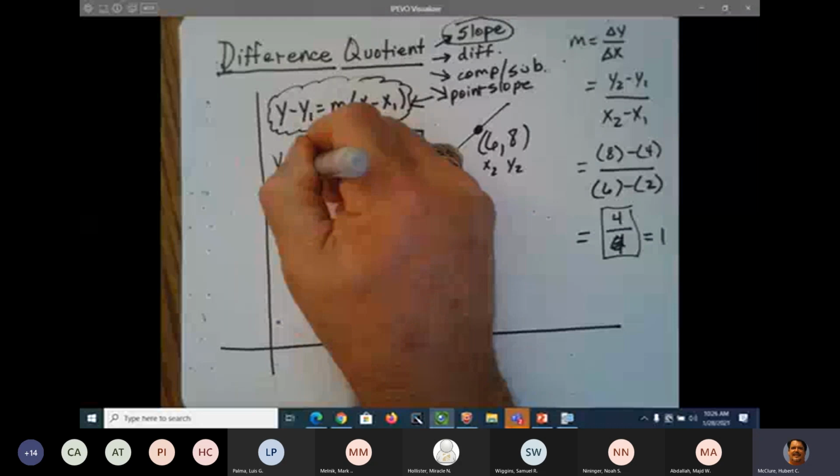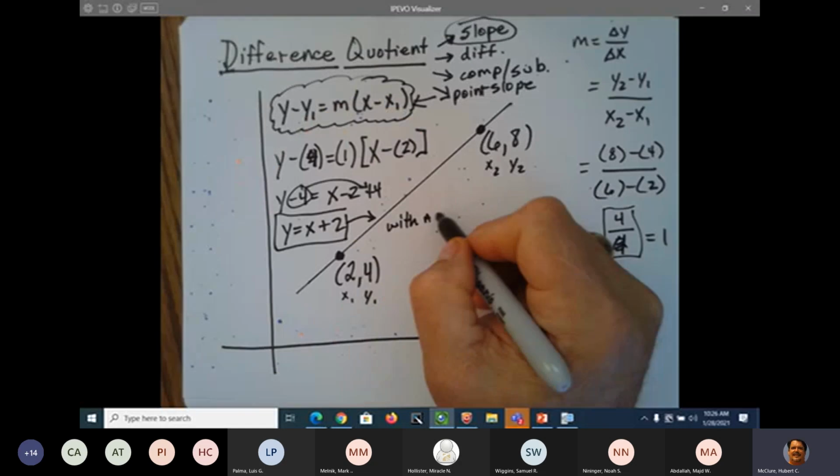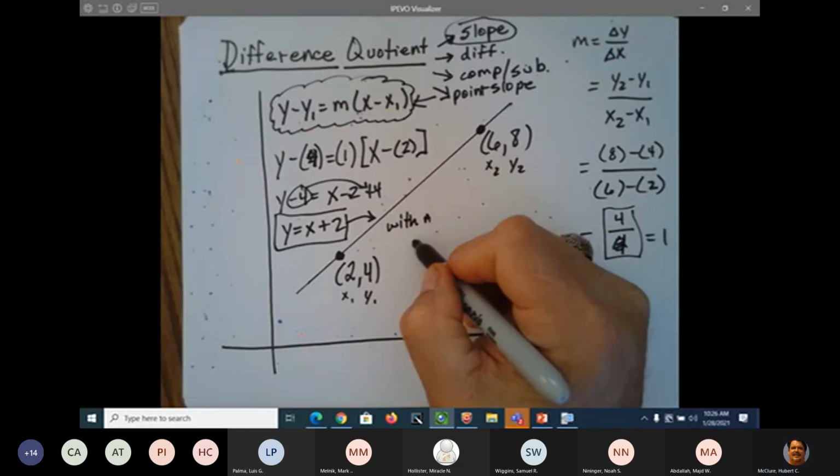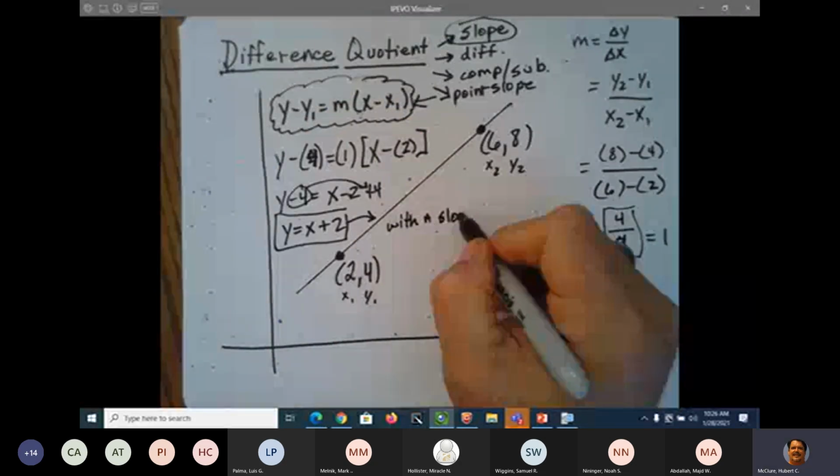And now you just simplify this. Y minus 4 is equal to x minus 2. Y is equal to x, negative 2 plus 4 is 2. And that is the equation for this line with a slope of 1.